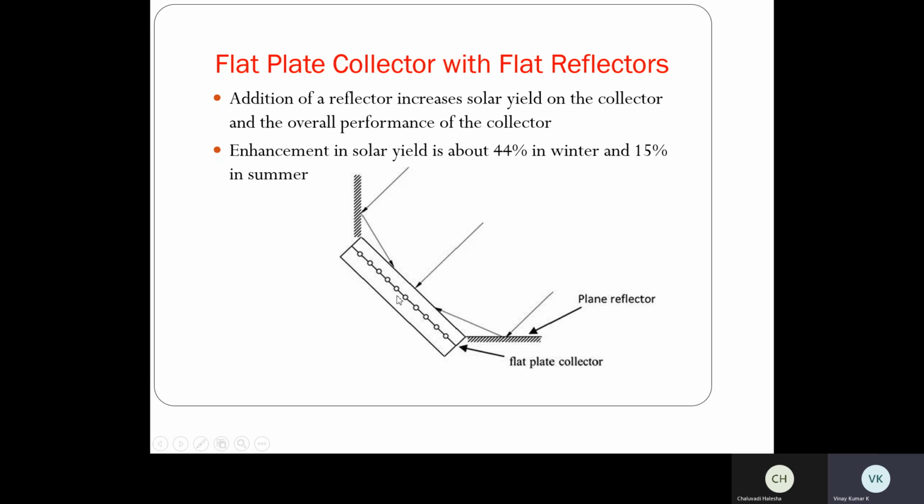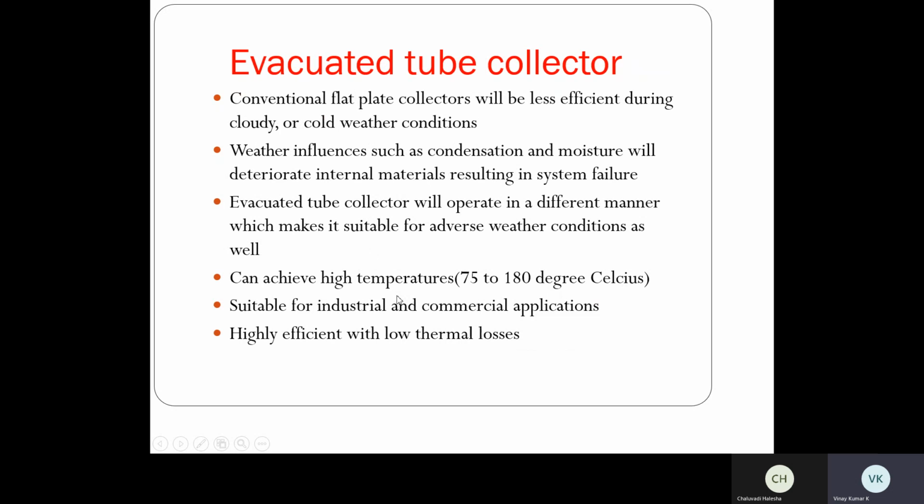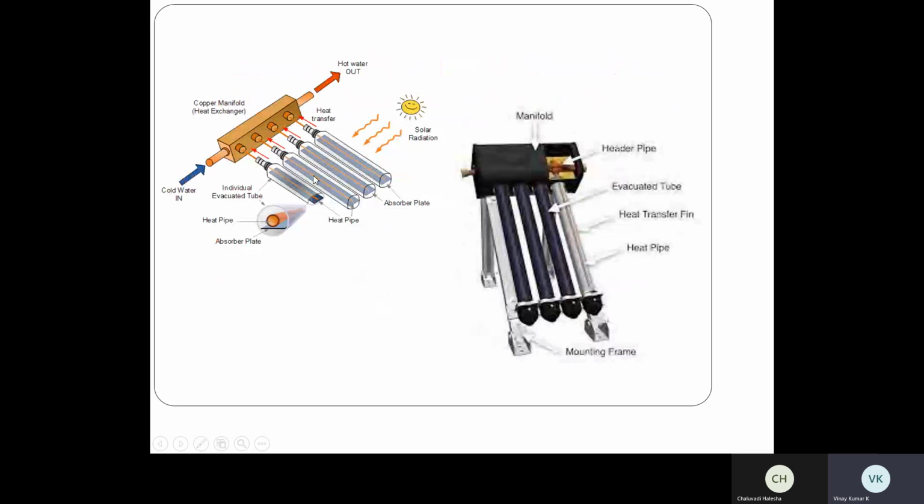After flat plate collectors, the next thing is evacuated tube collectors. See here, these are the evacuated tube collectors. This is the schematic. The conventional and simple flat plate collectors were developed for use in sunny and warm climatic conditions.